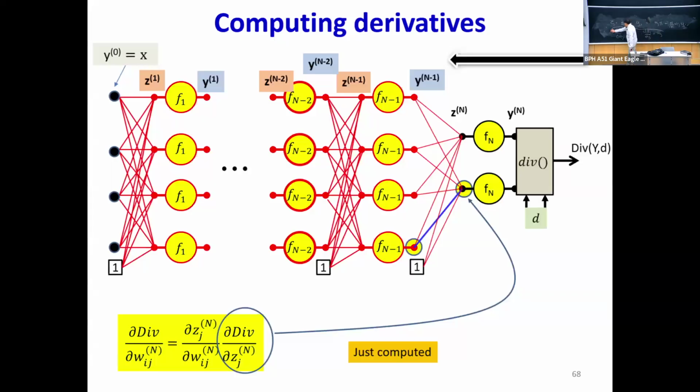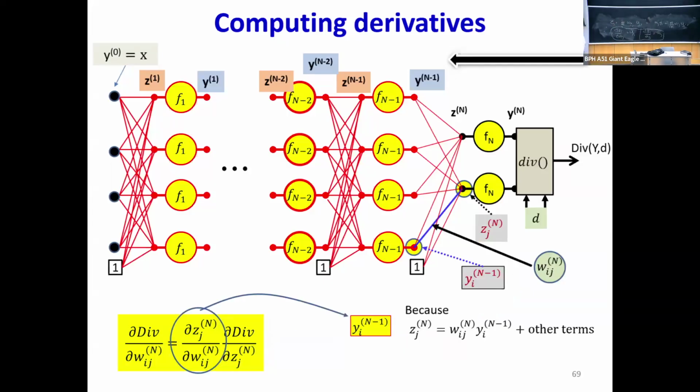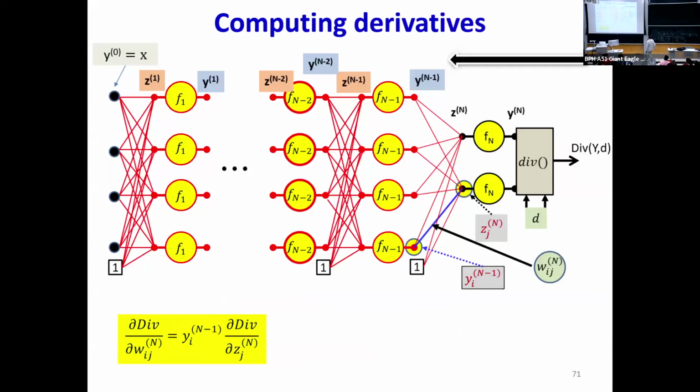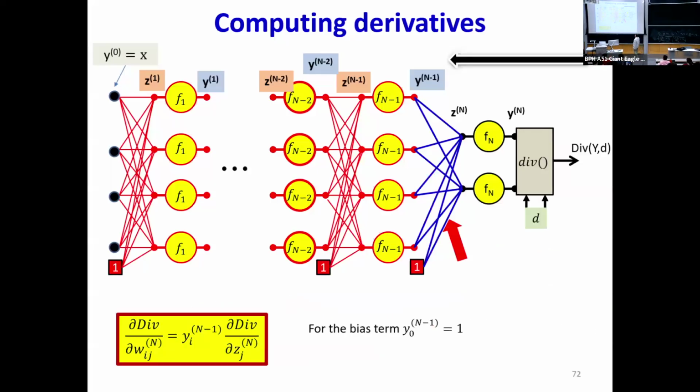We are not writing anything fancy. We're going to use these two. And so this first term is simply yi, which means the derivative of the divergence with respect to any weight is the input to the edge for that weight times the derivative of the divergence with respect to the output of the edge. Make sense? And so I can use this to compute the derivatives for all of these.